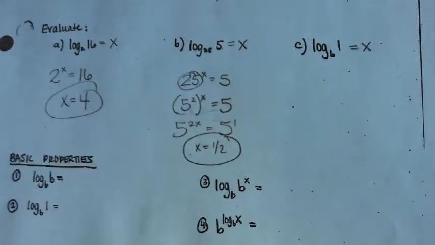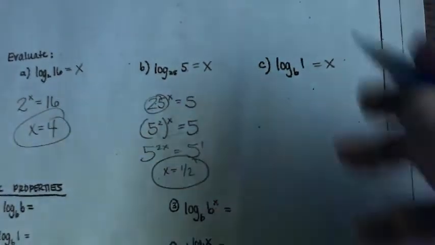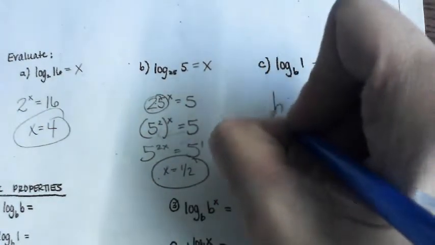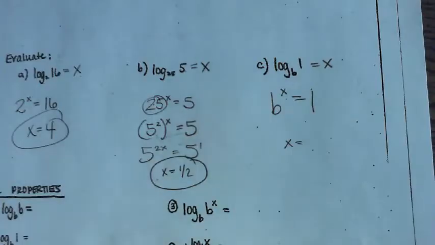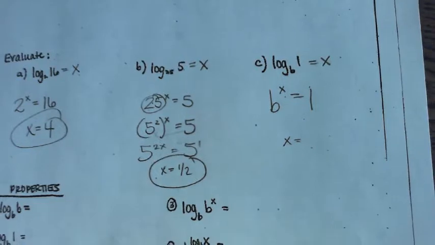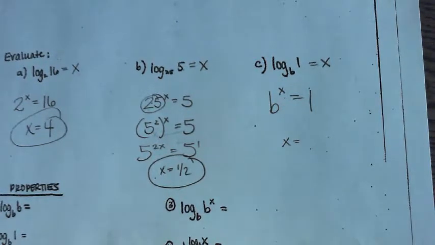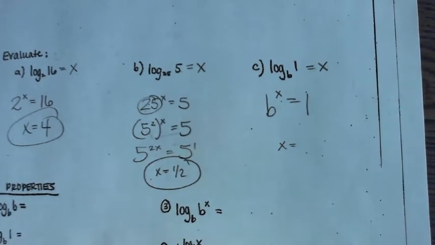If you couldn't do that in your head, which the tougher they get, the harder that will be. And then b to what power equals 1? Andrew? 0.